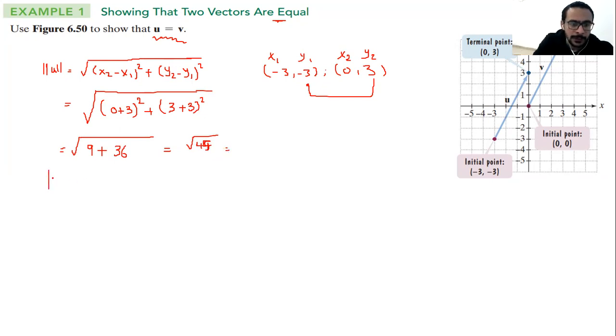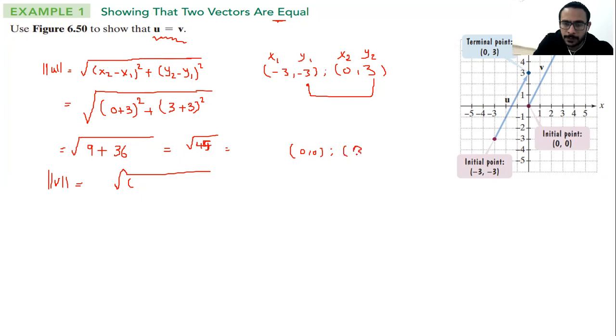Now let's see the magnitude of the other vector, v. Vector v has an initial point which is 0, 0 and a terminal point which is 3 and 6. So we start with 6 minus 0, 6 squared, and 3 squared.